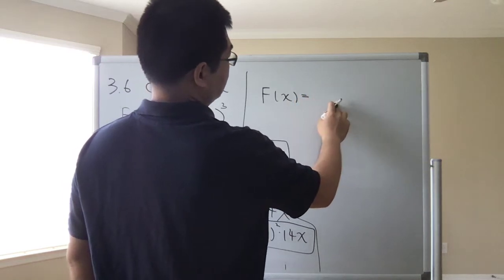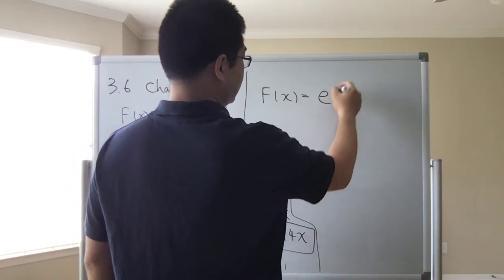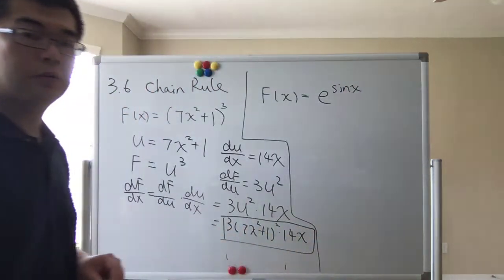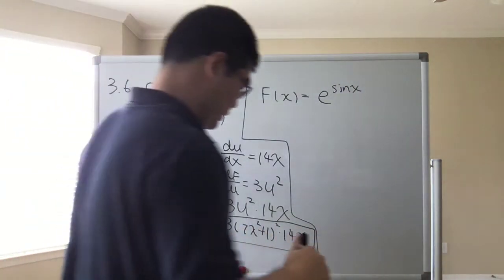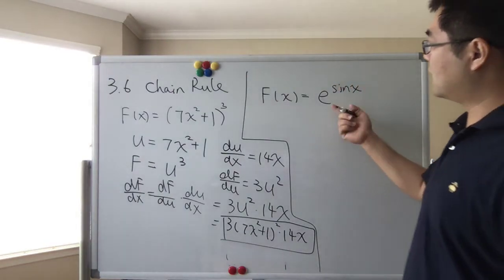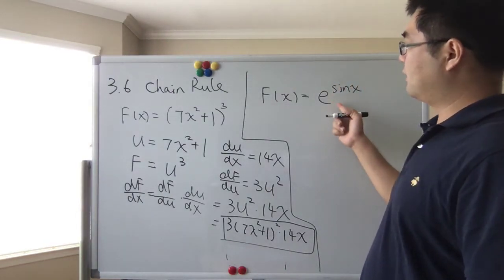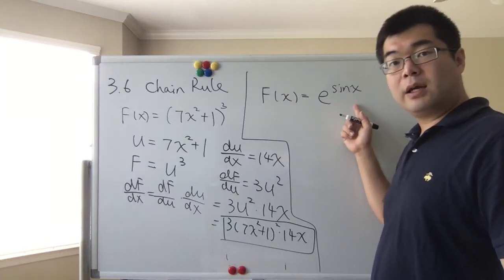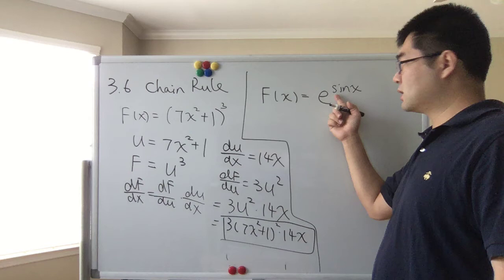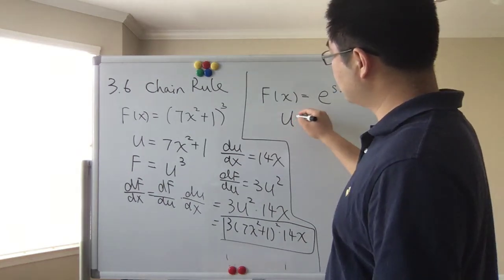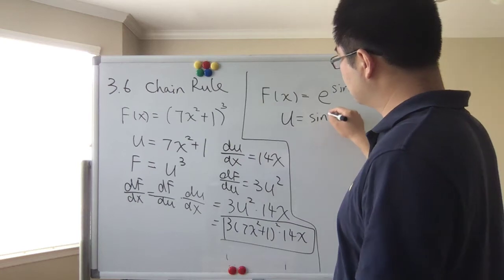Capital F of x, again, equals e to the power of sine x. As you can see, the outside function is e to the power of x, right? The inside function is sine of x. So set the inside function u equals sine of x.